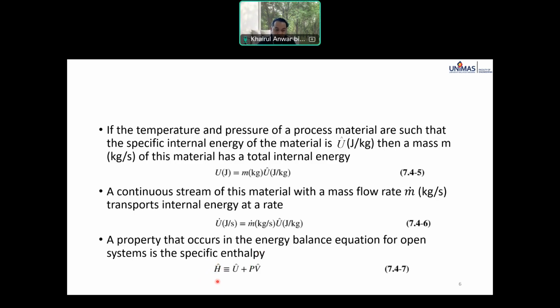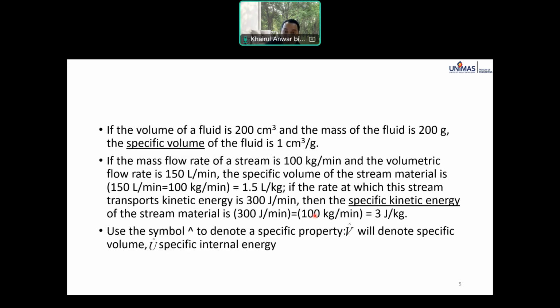Ĥ equals Û, which is specific internal energy, plus P V̂, where V̂ refers to specific volume.